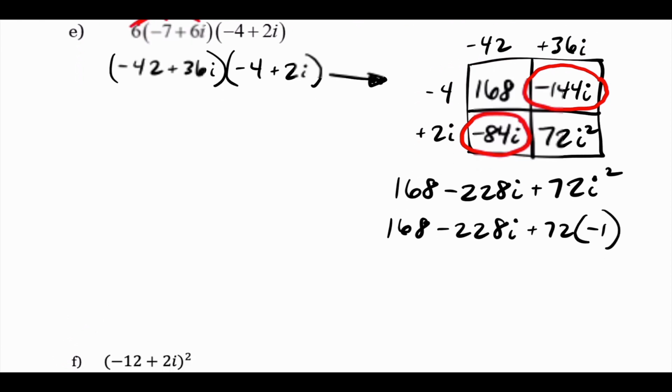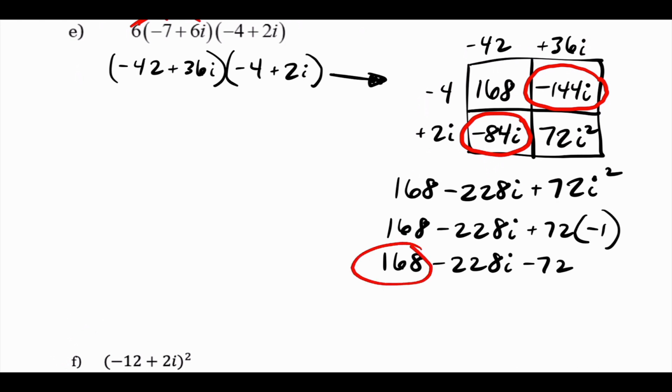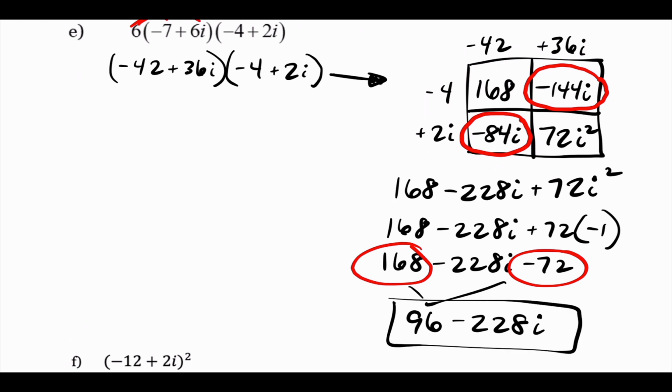When you do that, all it does is change the sign. So from positive 72 to negative 72. So when we combine those, we get 96. So positive 96 minus 228i. Done.